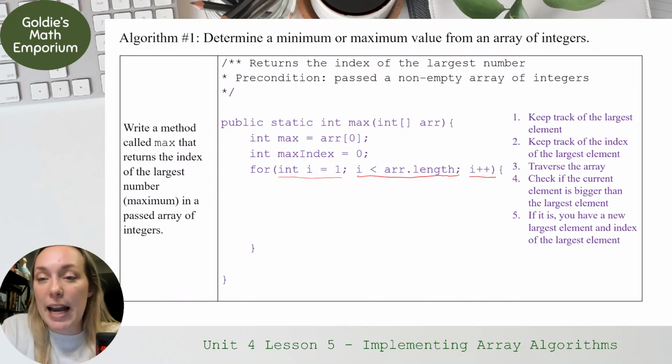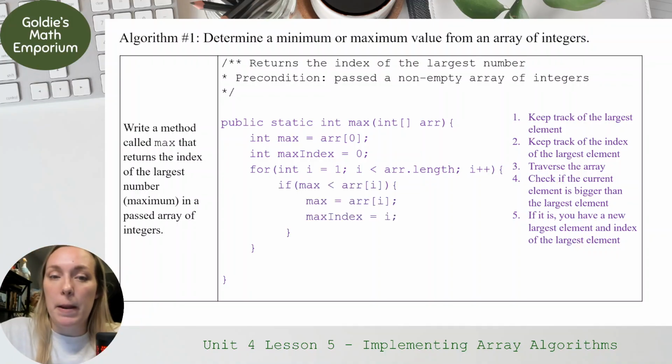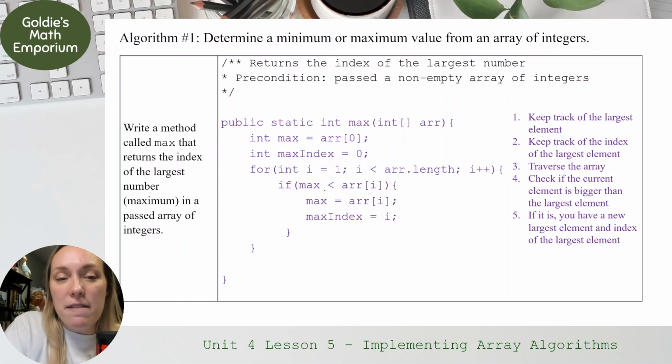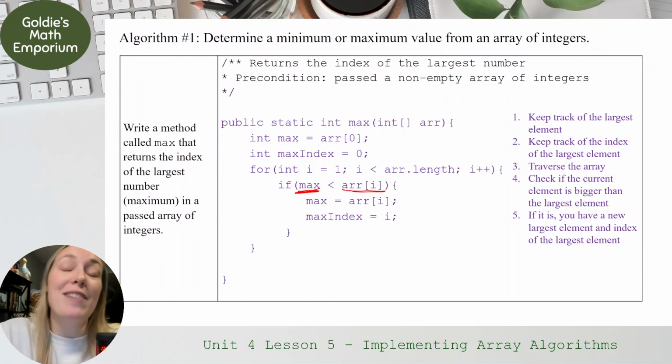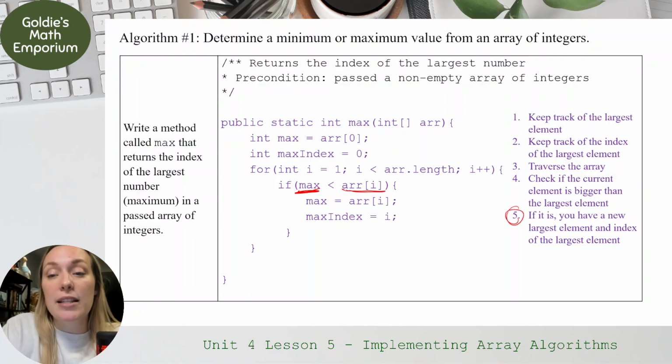Now inside the body, I have step 4. Check if, okay, so an if statement, the current element, being R[i], is bigger than the largest element. So if the current element is bigger than what I currently have as the maximum value, what do I want to do? Well, if it is, I want to do step 5, which is going to be inside my if statement here.